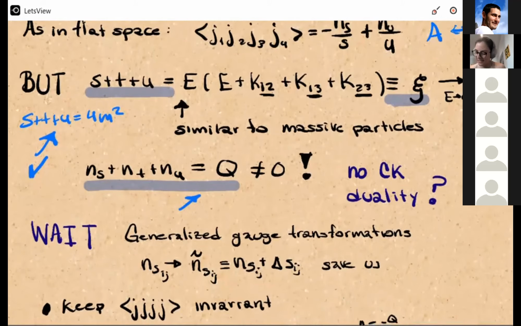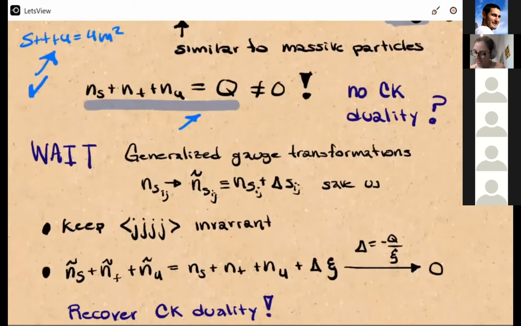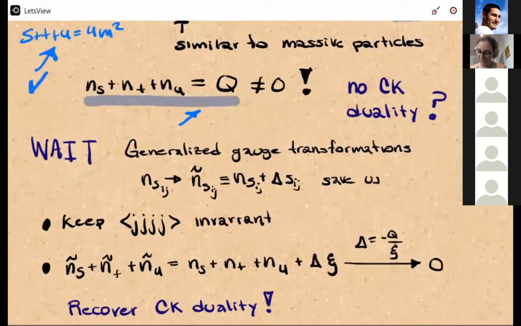And surprisingly here, they save us, because you can keep your correlator invariant, but you will actually end up changing what your ns plus nt plus nu is.